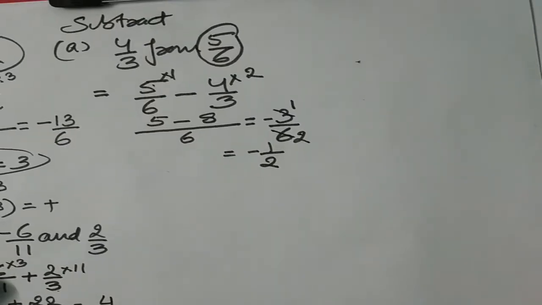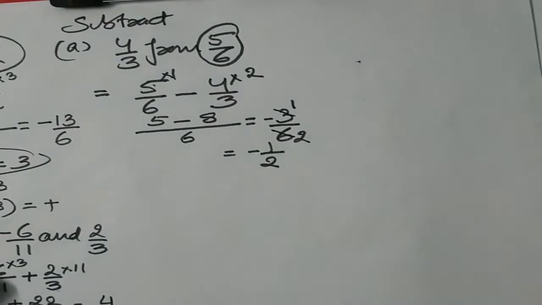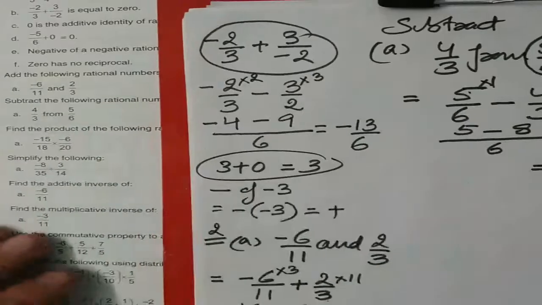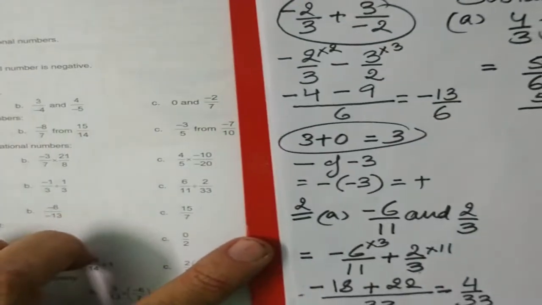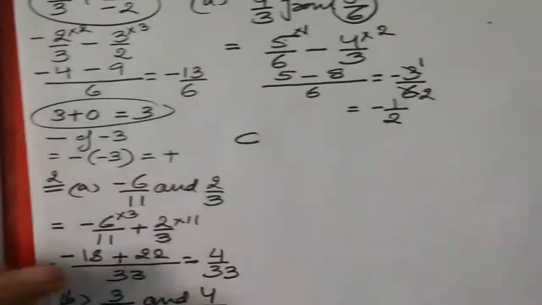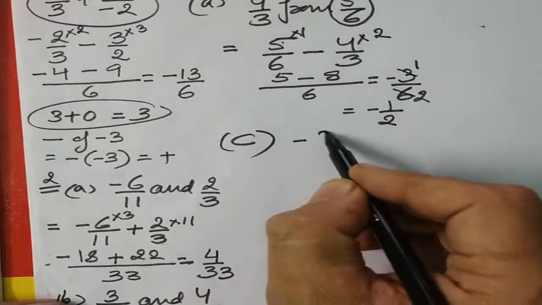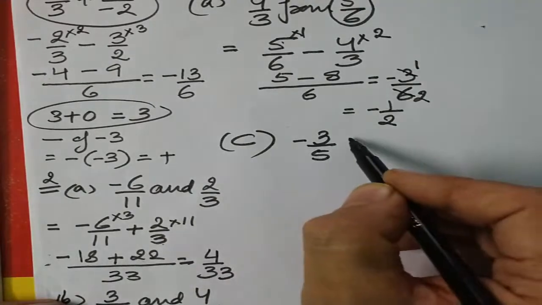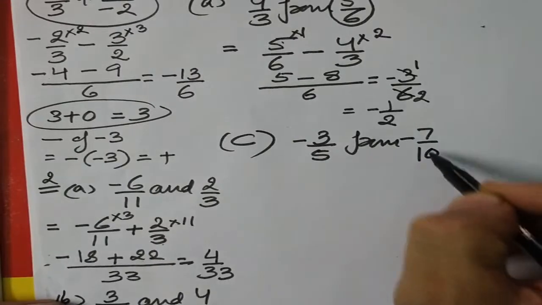Okay, so you can see this whole explanation again if you have any doubt. Whenever we subtract, we write the next number first. Like now, in C part it is written minus 3 upon 5 from minus 7 upon 10.